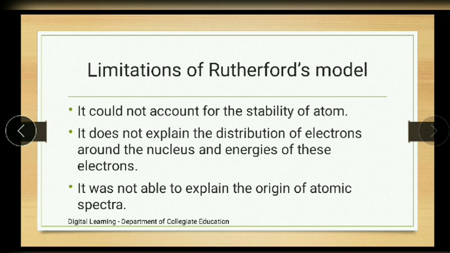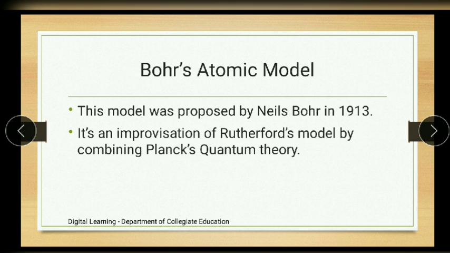To overcome these drawbacks, Niels Bohr proposed an atomic model, which is an improvisation of Rutherford's model, combining Planck's quantum theory. Let us understand the postulates of Bohr's atomic model one by one.